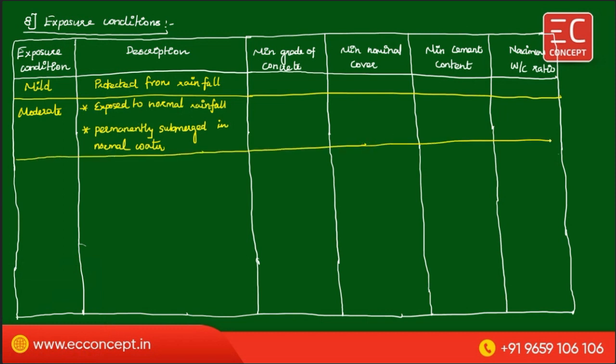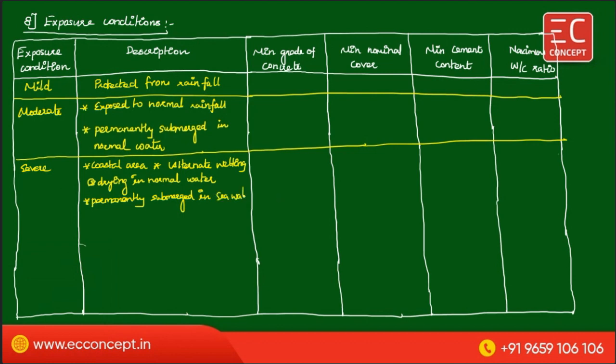And the third one is severe. Severe is in the coastal area, alternate wetting and drying in normal water, permanently submerged in sea water, and a foundation in non-aggressive soil.